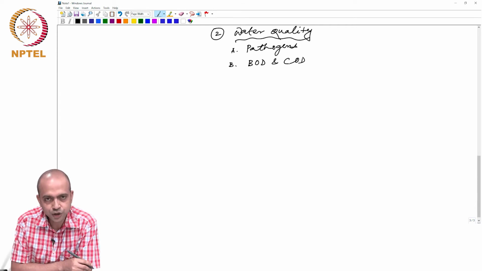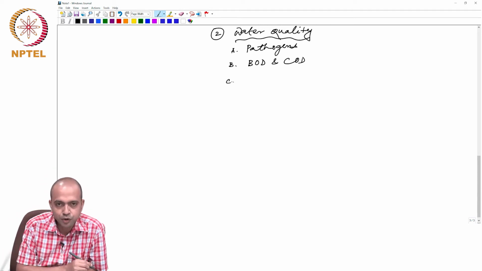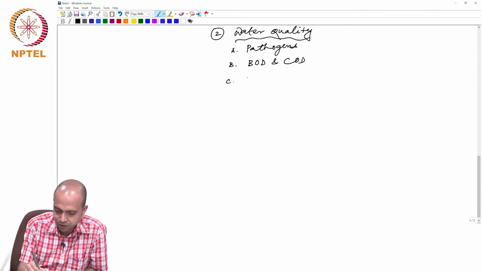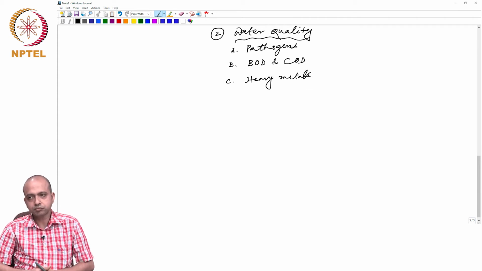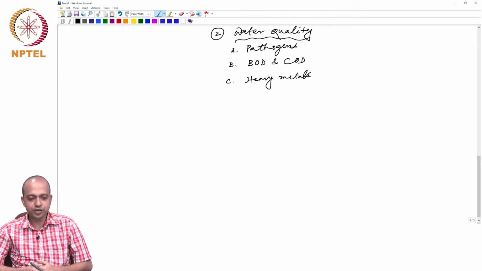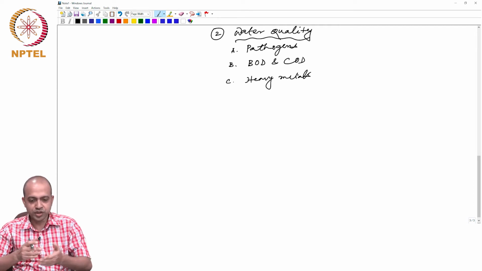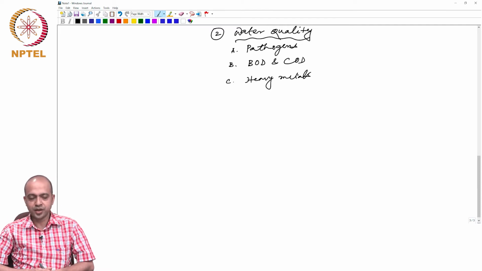Okay. And the third type is heavy metals. Okay. So, these are the main three types of indicators that are used to measure water quality, when water quality is again used as environmental quality indicator to estimate EKC type of relationship.